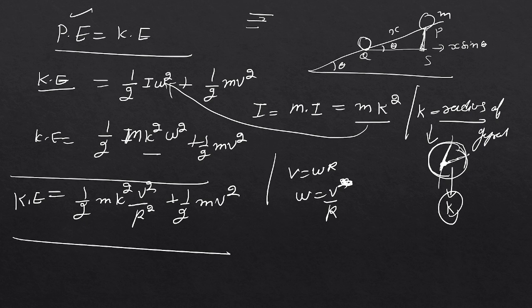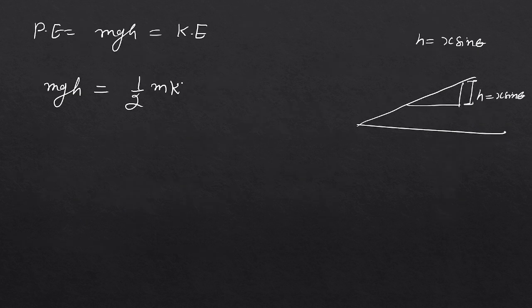So you can place that equal to kinetic energy. We already have the expression for kinetic energy: mgh is equal to 1/2 m k square v square over r square plus 1/2 mv square. When we do this further, we get v square.